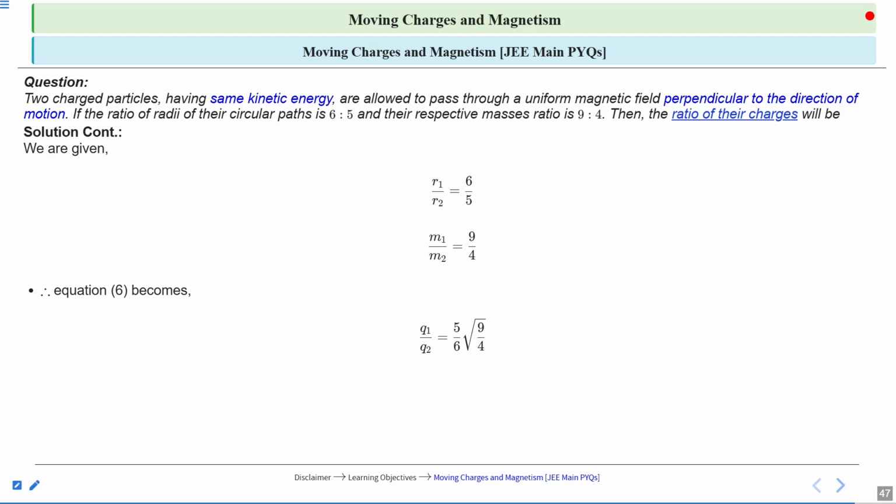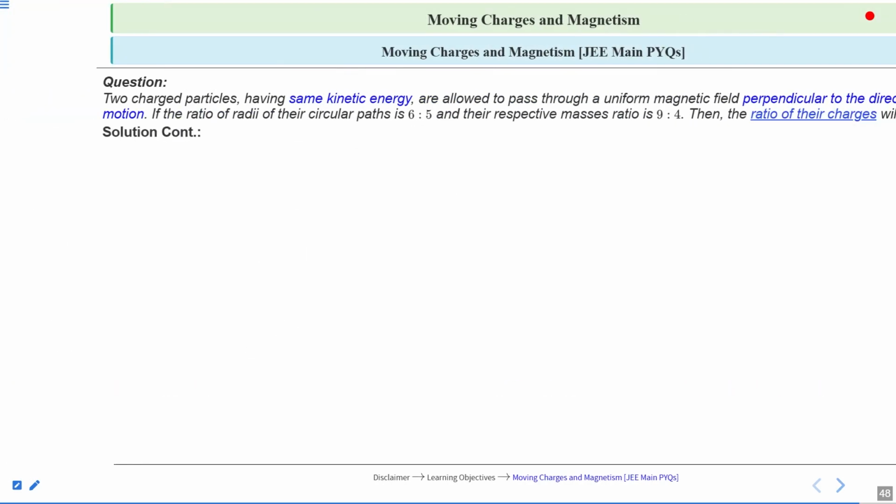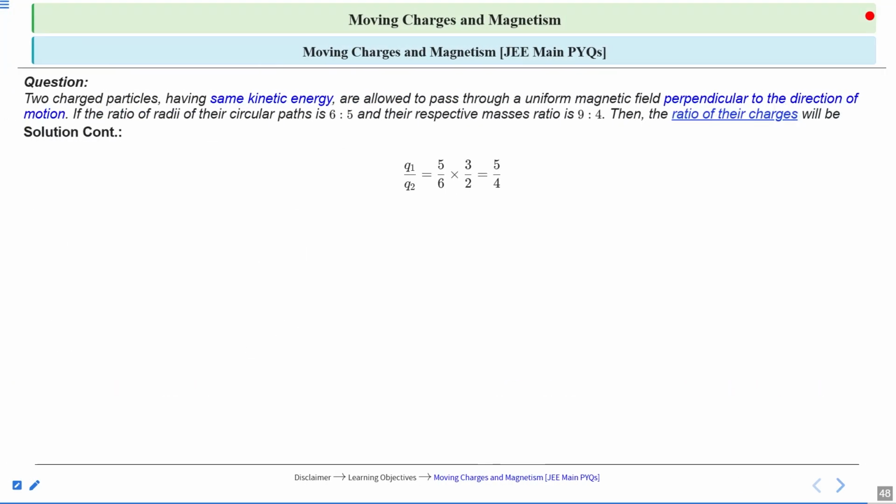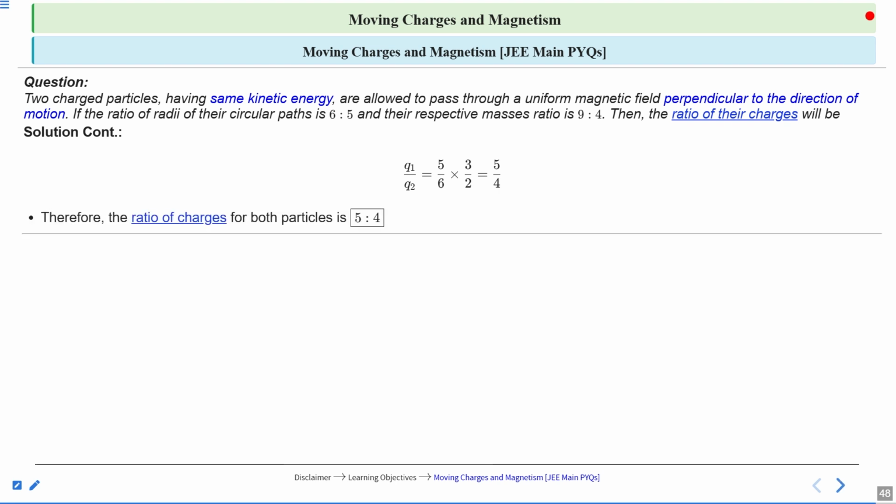After coming out of the root, 9/4 becomes 3/2. So Q1/Q2 = 5/6 times 3/2, which is equal to 5/4. So the ratio of their charges comes out to be 5 to 4.